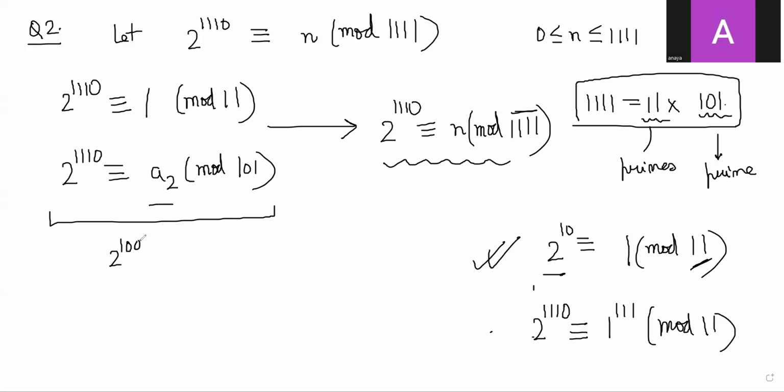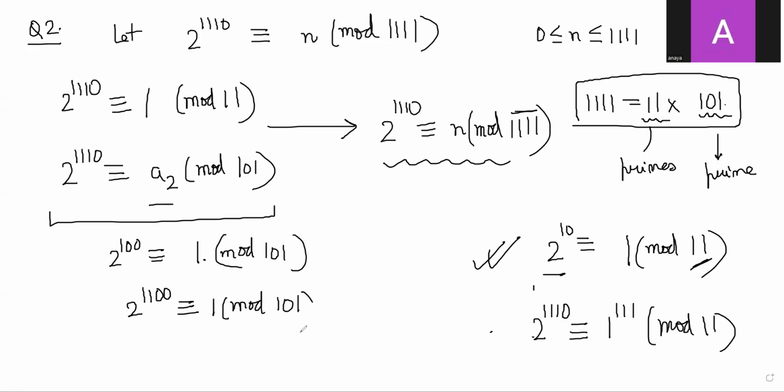Similarly, what is 2 power 100 mod 101? Same thing. It's 1 mod 101. We need 1110. We cannot go to 1110 from here directly, but we can raise it to power 11, right? Yeah. We can say 2 power 1100 should be 1 mod 101 by raising it to the power 11.